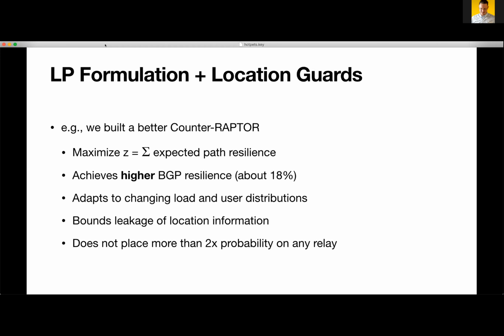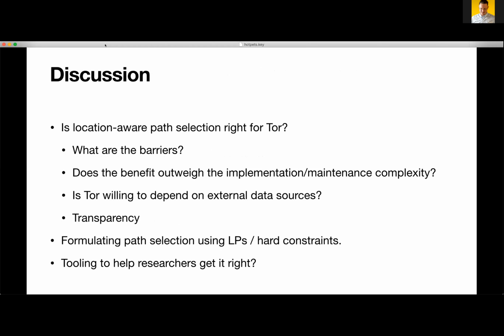But it's totally possible that we could weight positions differently by location. So for example, clients in the United States might choose a relay as a guard, but clients in France might choose that same relay as a middle with higher preference. And that was able, I think, to also give us some more flexibility in the way that we're assigning probabilities and achieving resilience. Okay, so that's really it.